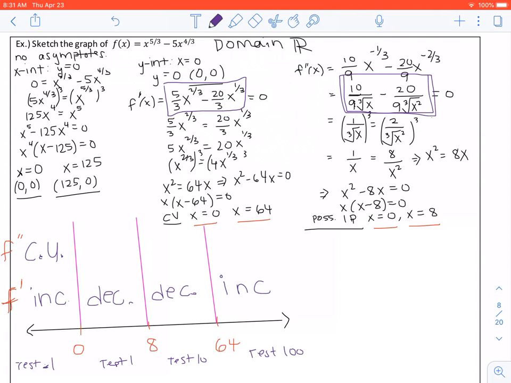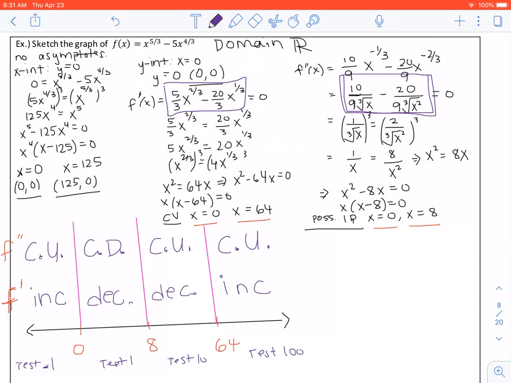Substituting in 1, we get concave down, it's a negative value. And then substituting in 10, we get a positive value, which means it's concave up. And again, check those on your own. And then the last interval, testing 100, we get a positive value, so it's concave up. Again, I want you guys to realize your possible inflection points, which means where it could change concavity, is only at 0 and 8.